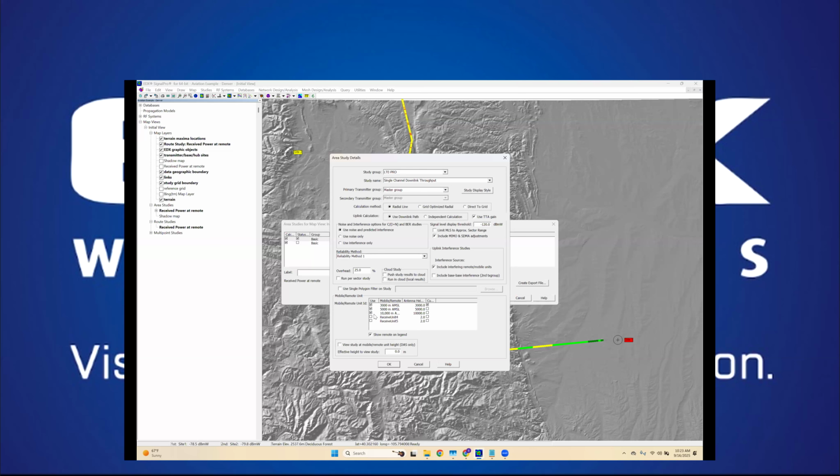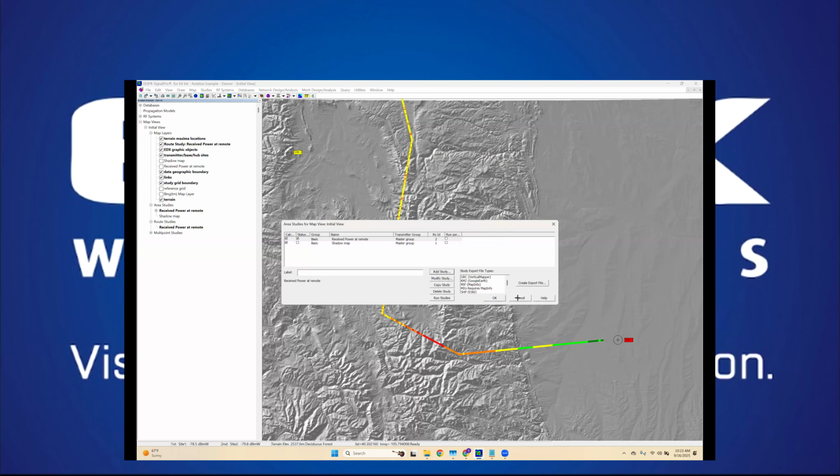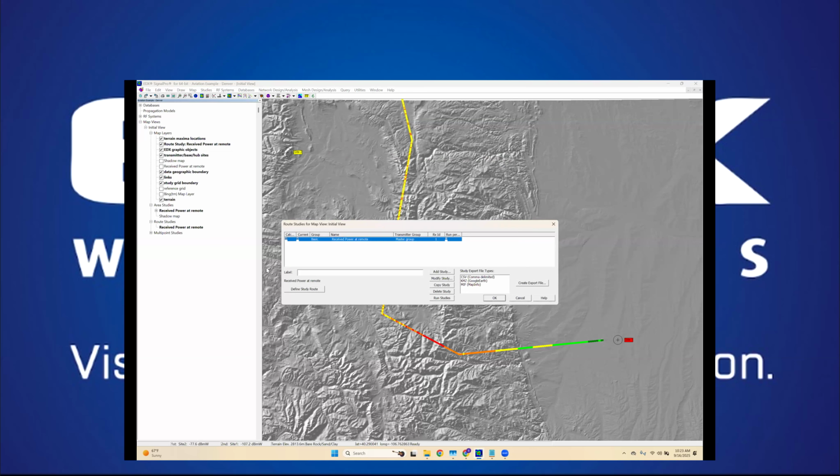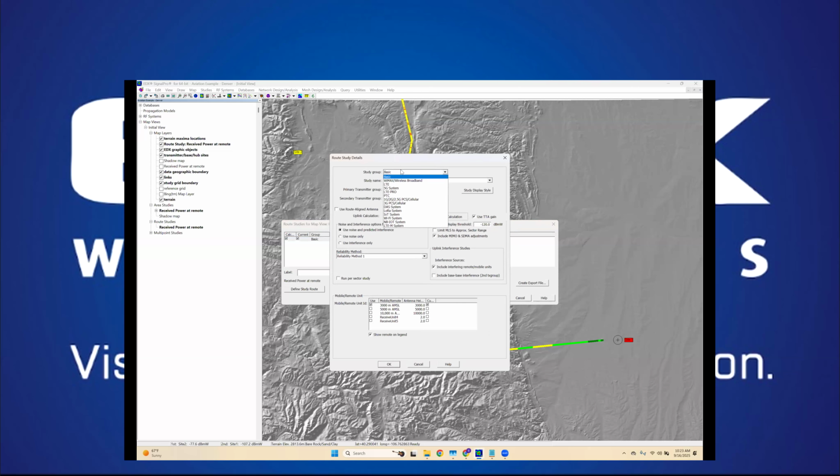Or again, if I've got drone flight paths through an urban environment or something like that, then I might want to come down here and under route studies, here's where I can go in and set up any of those same study types. So I can come into route studies and set up a 5G system or an LTE system and look at those same metrics.